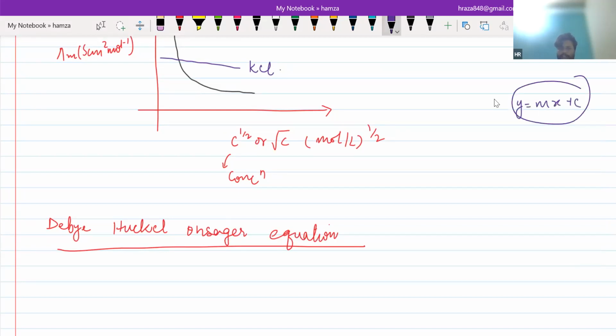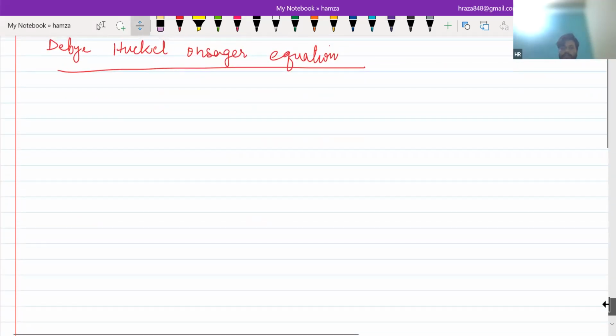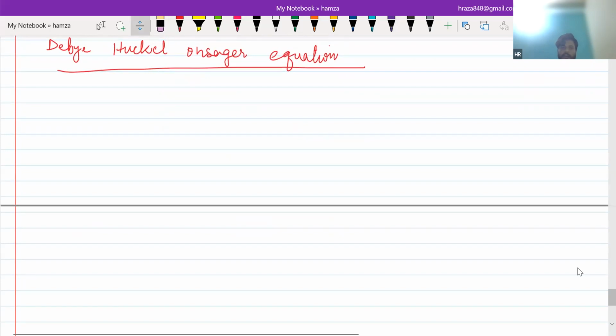As you can see, a straight line is for a strong electrolyte. KCl is a strong electrolyte, and CH3COOH is a weak electrolyte. And the graph of CH3COOH, which is a weak electrolyte, is curved. So it is not valid for a weak electrolyte, but only valid for a strong electrolyte.